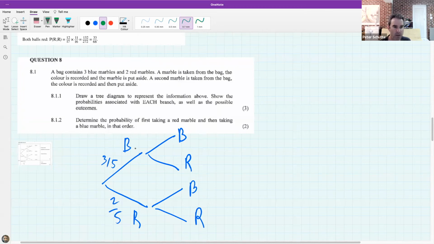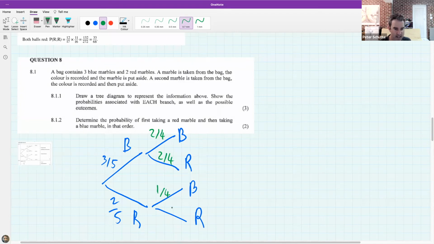We know that if I chose blue to start with, it's going to be 2 out of 4 here, and it's going to be 2 out of 4 here. If I chose red to start with, it's still going to be out of 4, but this is going to be 1 out of 4 now.